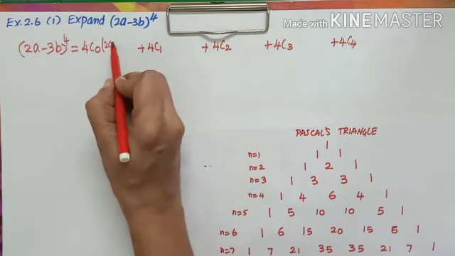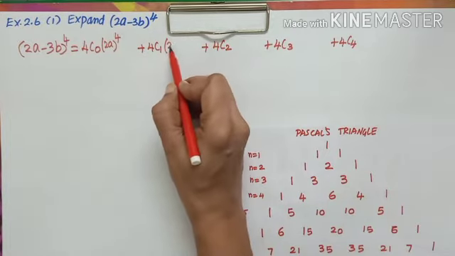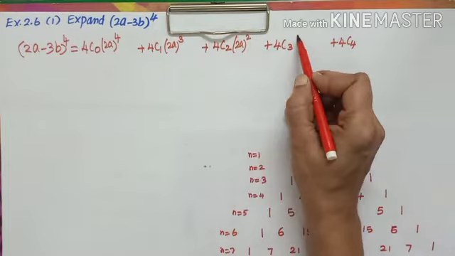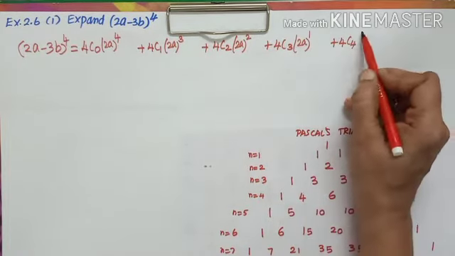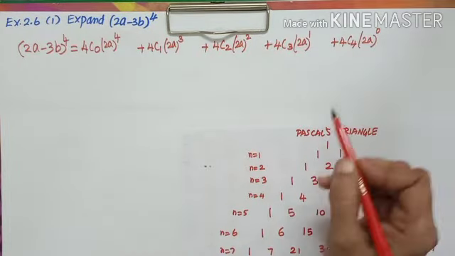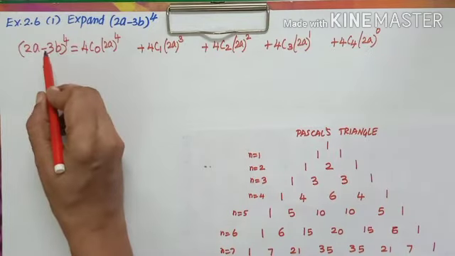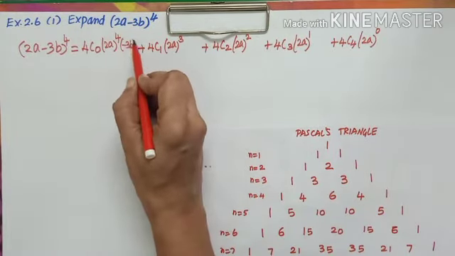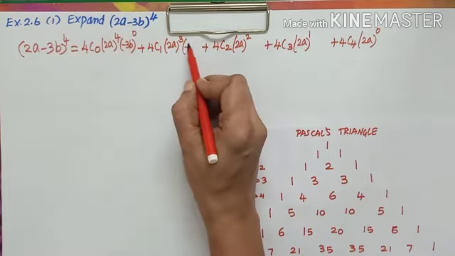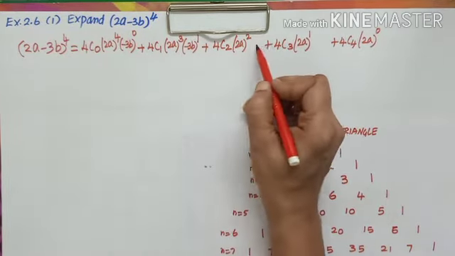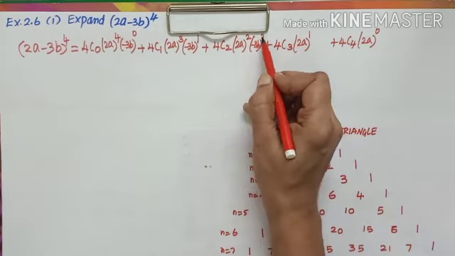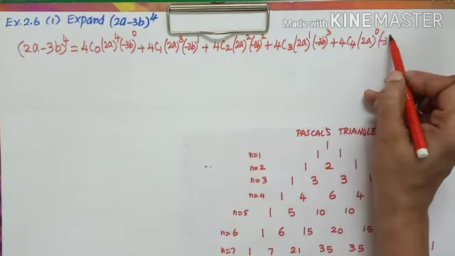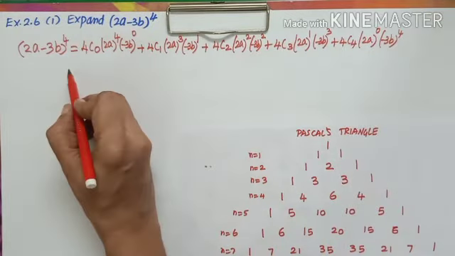So 2a power 4, 2a power 3, 2a power 2, 2a power 1, 2a power 0. Second term, minus 3b along with the symbol: minus 3b power 0, minus 3b power 1, minus 3b power 2, minus 3b power 3, minus 3b power 4.